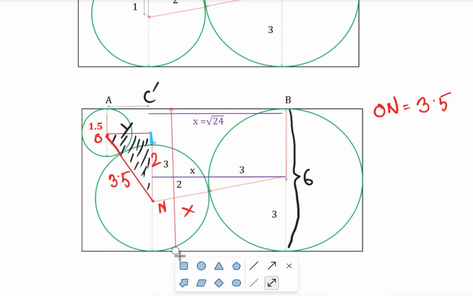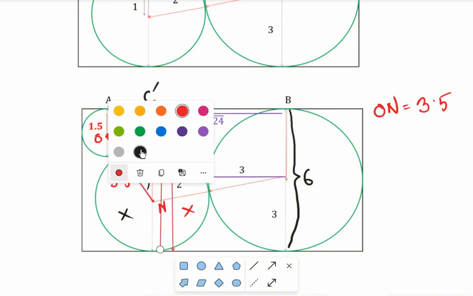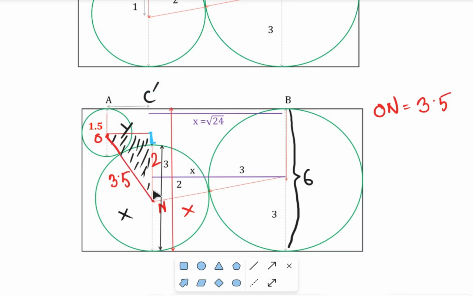And the diameter of this circle, let's change the color so we can easily understand, this is the diameter of the middle size circle.